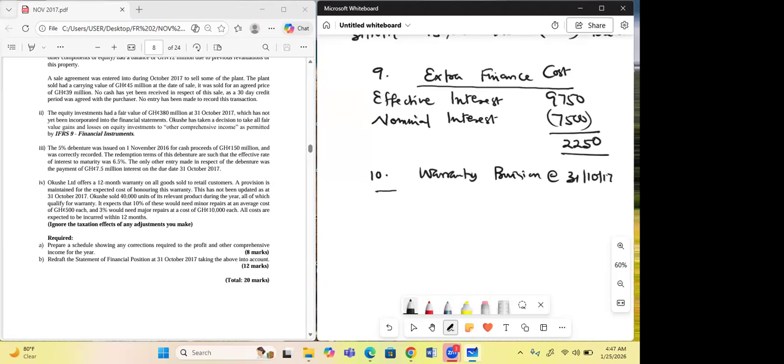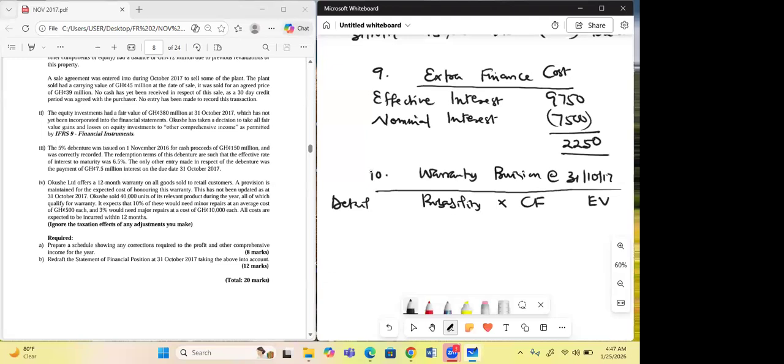We multiply the probability by the cash flow. Expected value is probability multiplied by cash flow.